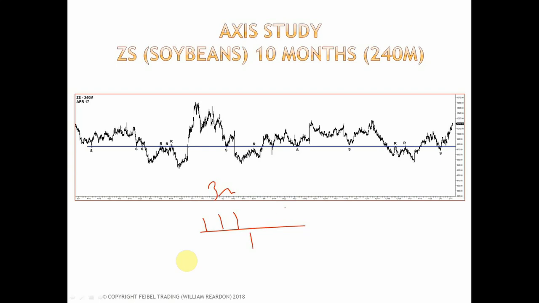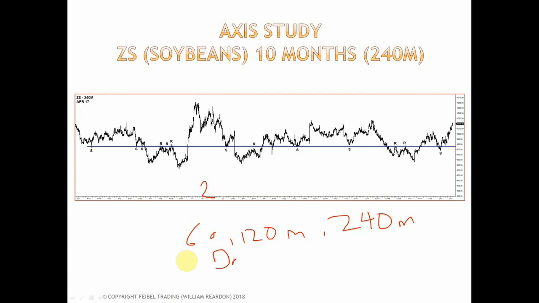Higher the time frame, don't forget there's a lot of noise, or there might be stop hunts going on. So the higher time frames, like 60 to 120 minute to 240, which is half a day, very good time frame if you haven't used it, 240 minute, daily or weekly.